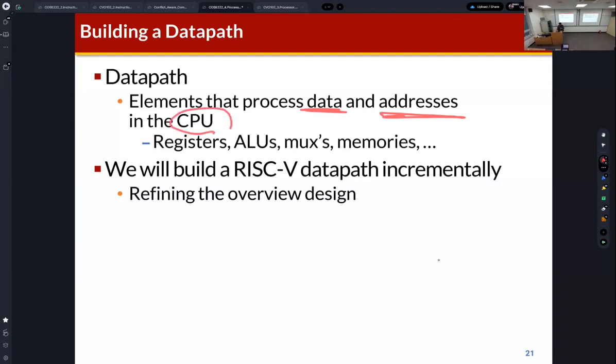In a CPU, we can find several datapath elements, such as registers, ALU, multiplexers, and memories like instruction memory and data memory.